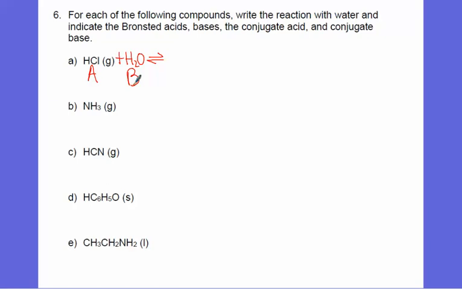Okay, so H plus 1 is a proton because the hydrogen atom has how many protons? 1, because its atomic number is 1. When neutral, how many electrons does it have? 1. And the majority of the isotopes of hydrogen have 0 neutrons. Okay?